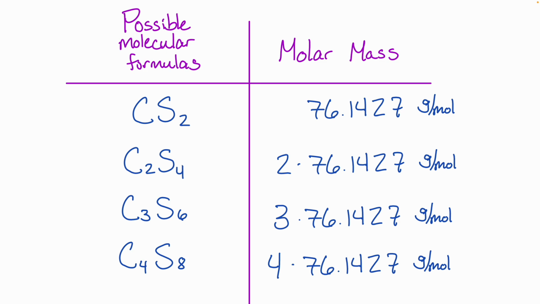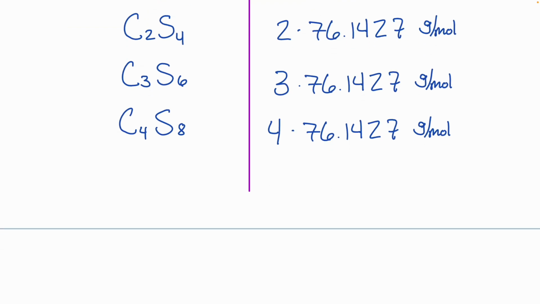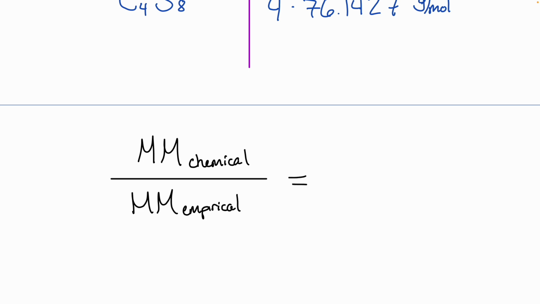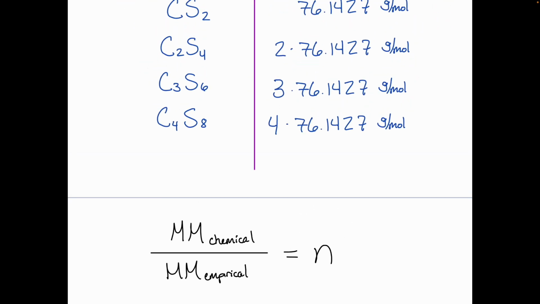There's another way that we could get that whole number. What I can do is take the molar mass of our chemical formula and divide it by the molar mass of our empirical formula. That would give me that whole number n, the whole numbers that I multiplied by my empirical molar mass to get my chemical molar mass.